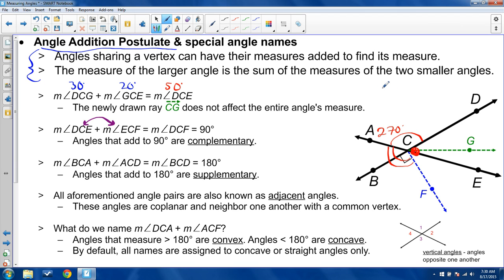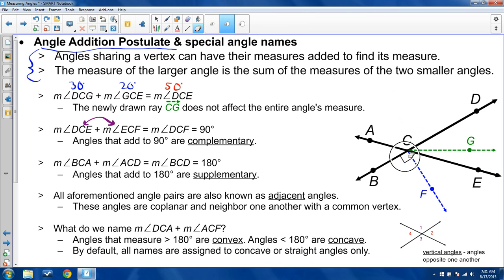So say that you're looking at some shape right here. I'm drawing this thing. This is a concave angle, angles that are less than 180 degrees, the default ones. This is concave, concave, concave. This one here is convex. Okay, it's greater than 180 degrees. It's sticking more outward in a way. So those are those different angles right there.